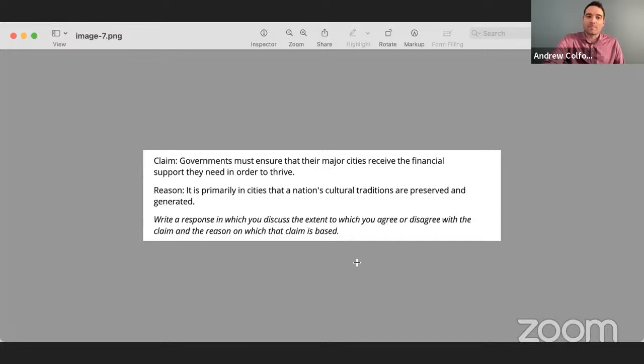I would treat it just like any other essay. They're labeling it, so that's a nice favor to you. But this might as well say governments must ensure their major cities receive the support they need in order to thrive, because, and then this is just your standard essay.